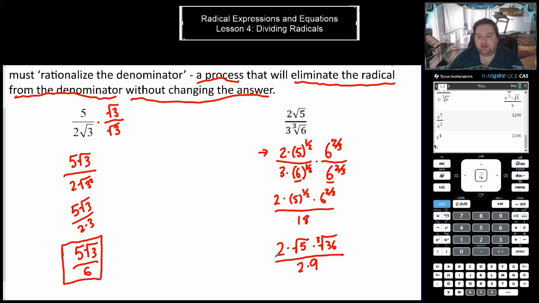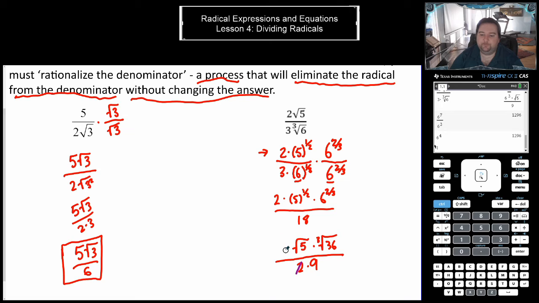I can see that I have a 2 here and a 2 here. And remember, just 5 minutes ago, we said when you have something on the top and the bottom that's similar, you can cancel them out. Well, aren't those two things that we just did there similar? Yes, they are. So what can you do? Cancel them out.